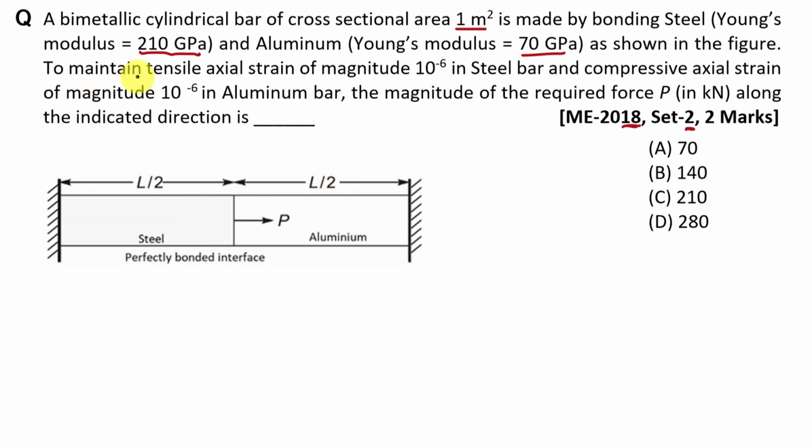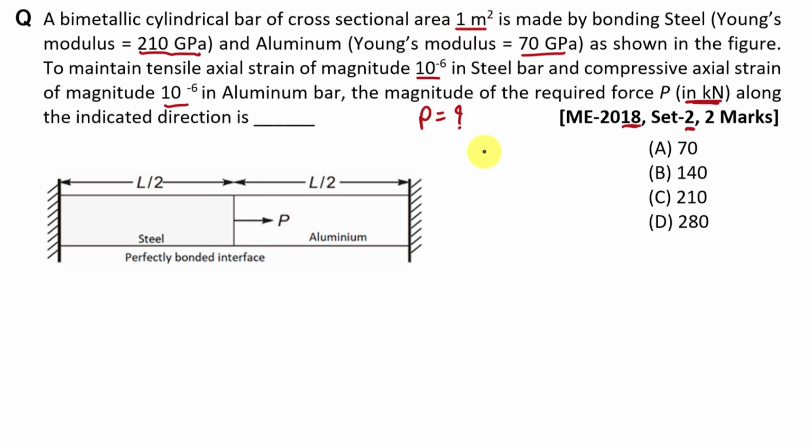Fine. To maintain tensile axial strain of magnitude 10 raised to minus 6 in steel bar and compressive axial strain of magnitude 10 raised to minus 6 in aluminium bar, the magnitude of the required force P in kilonewton along the indicated direction is dash. Means here we have to find out this value of load.